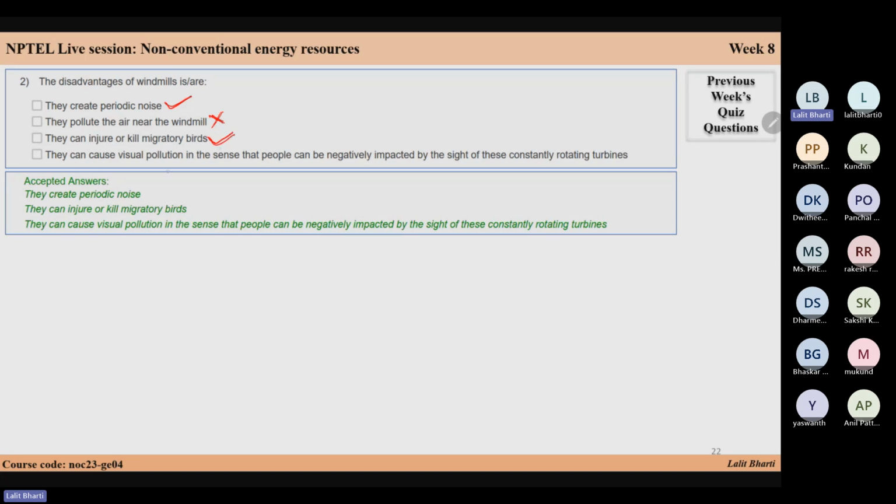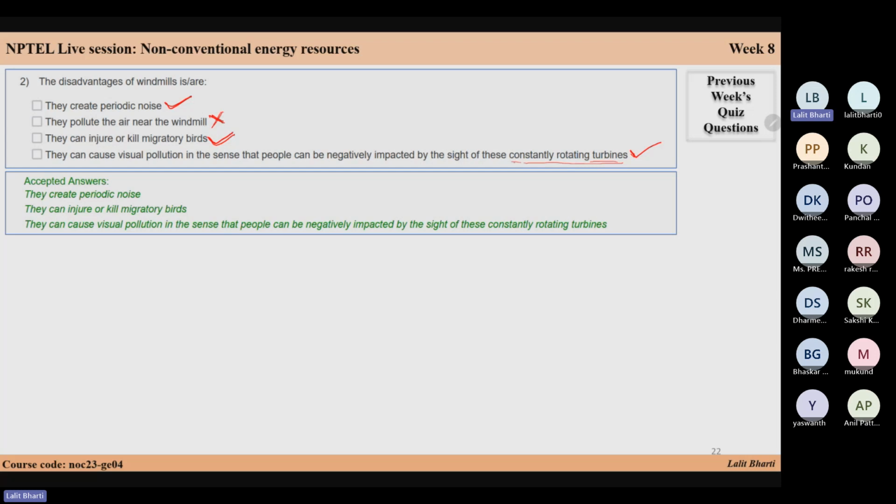And they can cause visual pollution, so people can be negatively impacted by the sight of constantly rotating turbines. So yes, they can visually pollute. If you have a windmill near or just behind your home, whenever you look from a window you are always seeing a rotating blade.